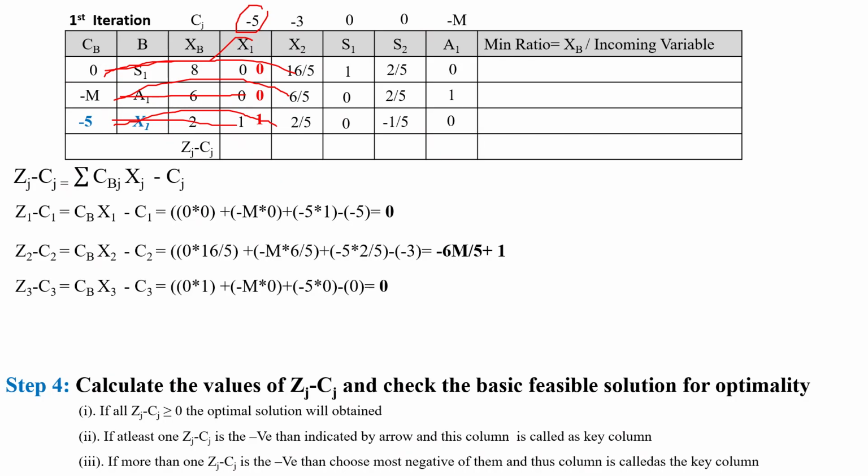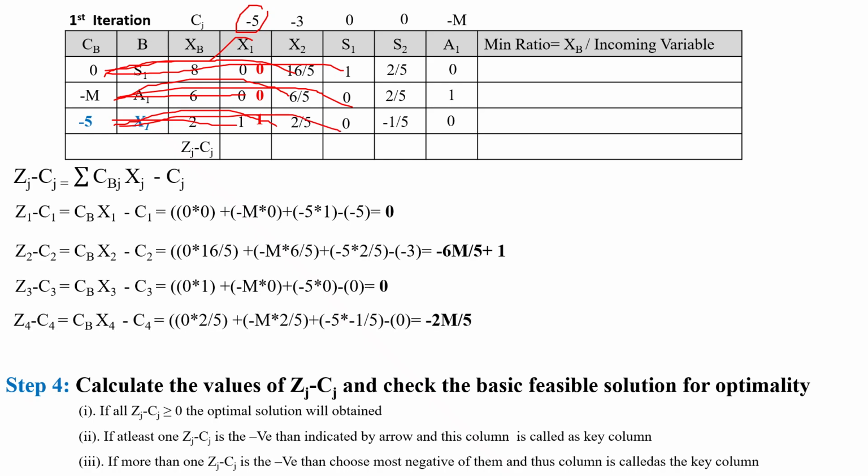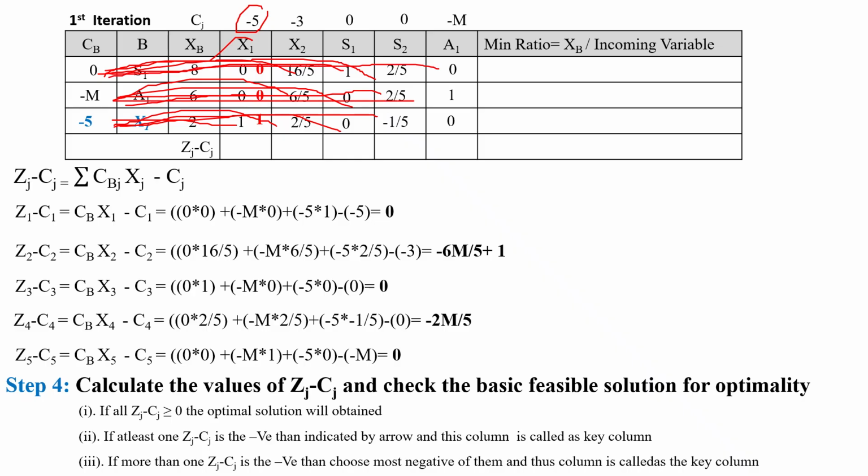Next Z3 minus C3 which is equal to the 0 into 1 plus minus M into 0 plus minus 5 into 0 minus 0 which is equal to the 0. Next Z4 minus C4, 0 into 2 by 5 plus minus M into 2 by 5 plus minus 5 into minus of 1 by 5 minus 0 which is equal to the minus 2M by 5. And next one is the Z5 minus C5 which is equal to the 0 into 0 plus minus M into 1 plus minus 5 into 0 minus of minus M which is equal to the 0.